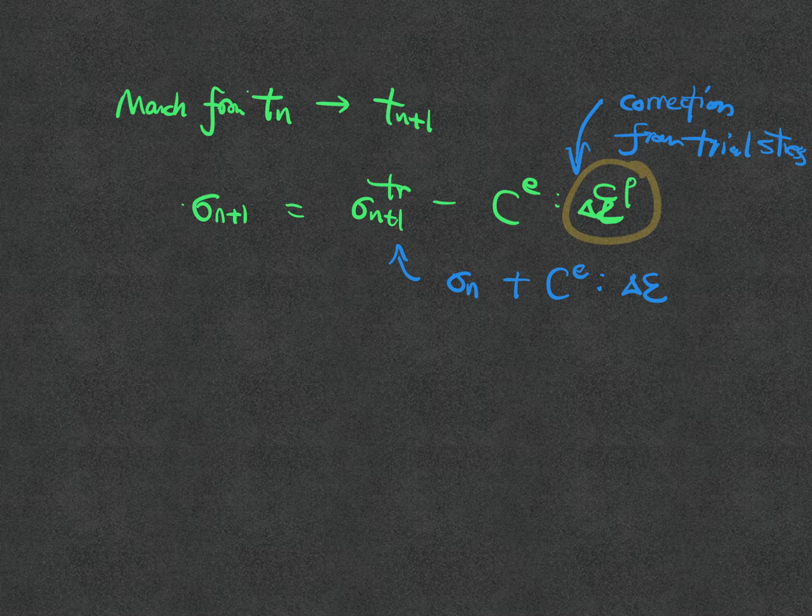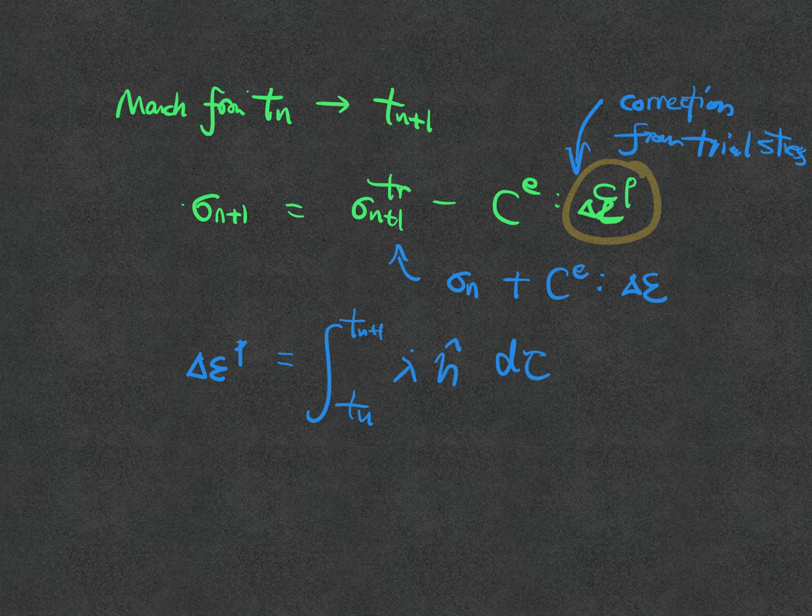Okay, so I need to find a way to express this properly, and the change of the plastic strain requires us to do one thing, which is a time integration between Tn plus 1 and Tn for the change of the plastic strain. Okay, so this is the integral in time.